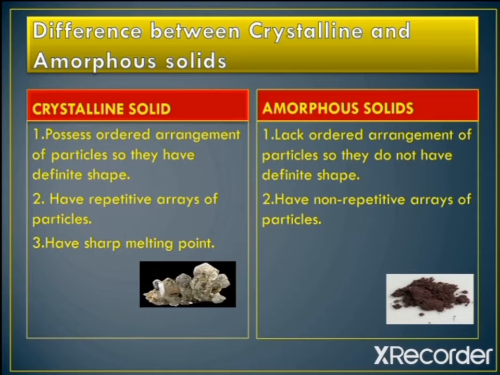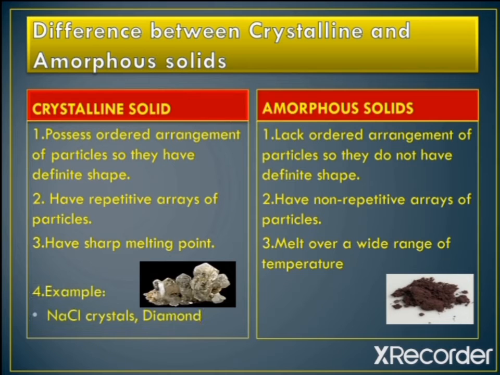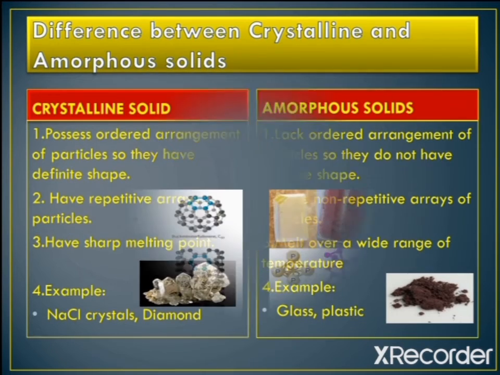Crystalline solids have sharp melting point, whereas amorphous solids melt over a wide range of temperature. Examples of crystalline solids are NaCl crystal, diamond, whereas examples of amorphous solids are glass and plastic.